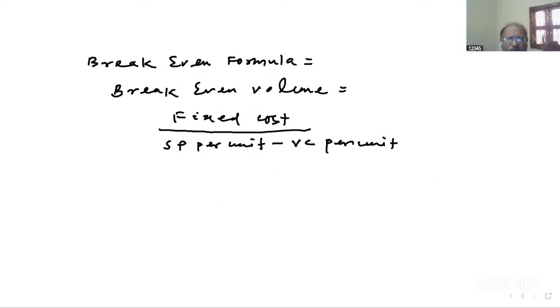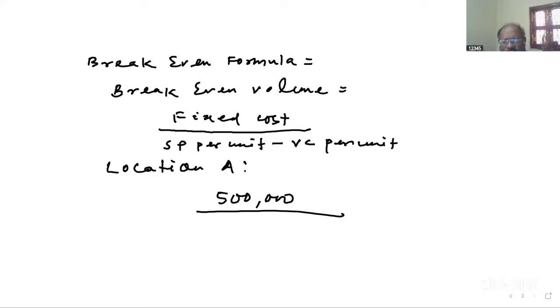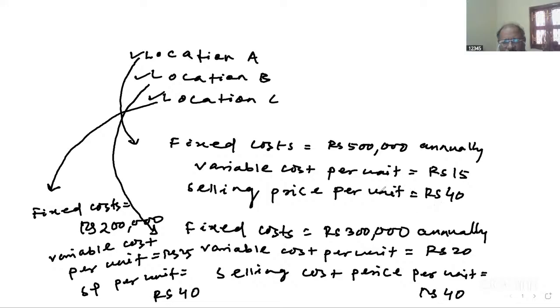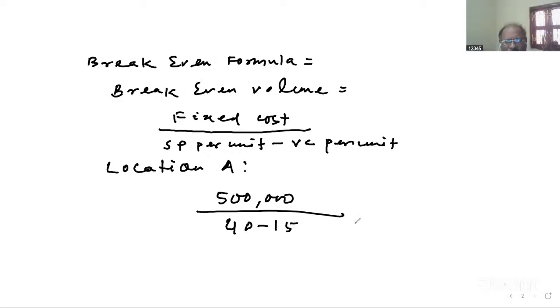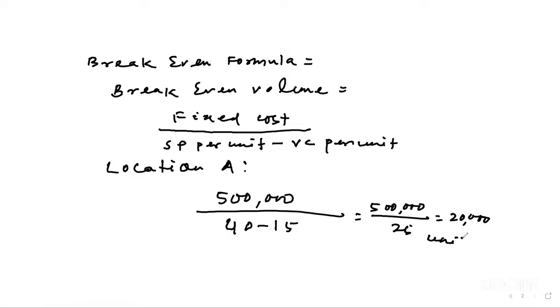So the break-even volume is 5 lakh divided by 40 minus 15, which is 25. That is 20,000 units for location A.